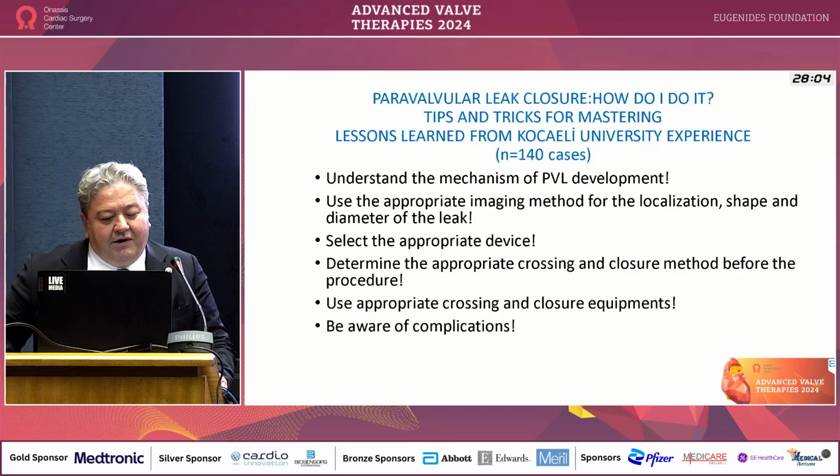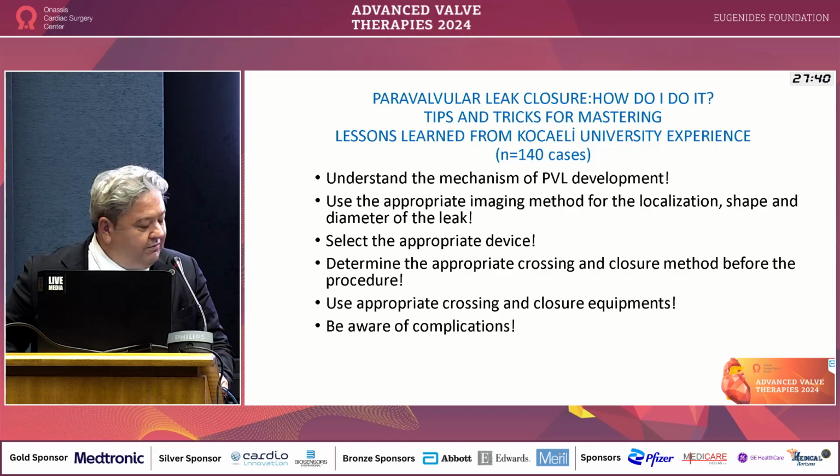Before paravalvular leak closure, an interventional cardiologist must first understand the mechanism of paravalvular leak development, use the appropriate imaging method for the localization, shape, and diameter of the leak, select the appropriate device, determine the appropriate crossing and closure method before the procedure, use appropriate crossing and closure equipment, and be aware of complications.